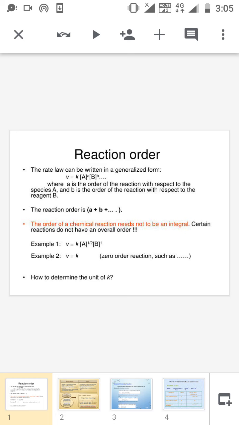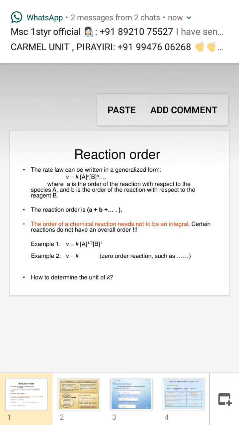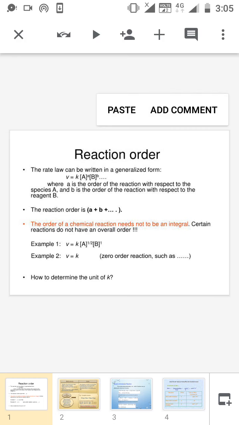So we can express the rate of a chemical reaction in terms of the concentration of A or in terms of B. But that is the order of the reaction with respect to that particular reactant.